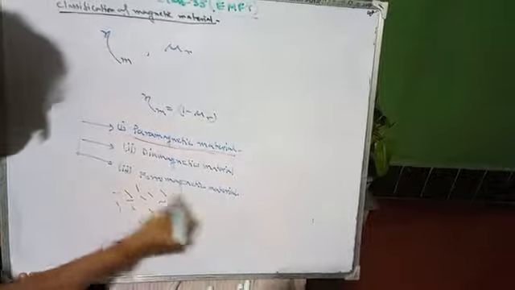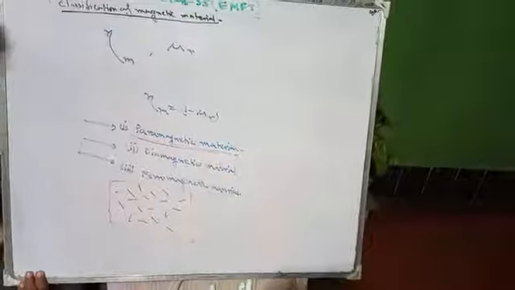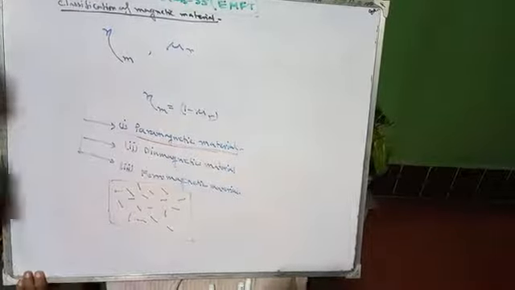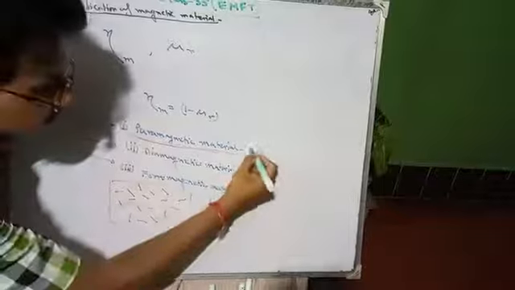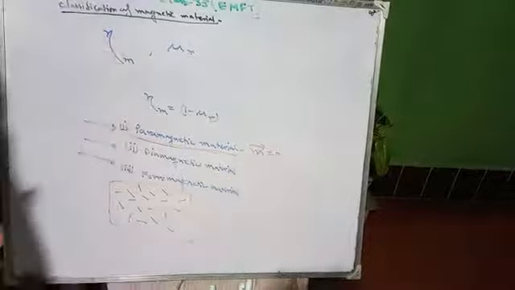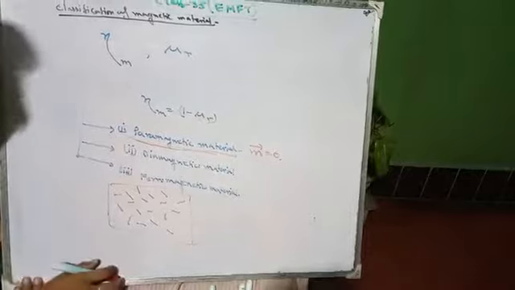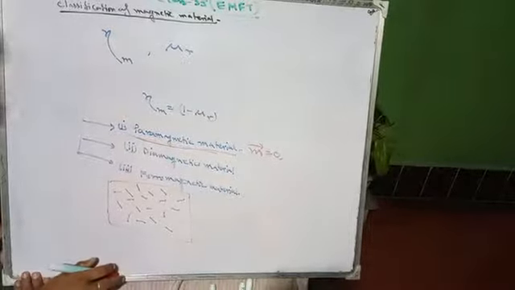So this is the nature of the dipole for this paramagnetic material, and it results in the magnetization small m equals 0. And also B, the average magnetic field inside the material, will also be 0.